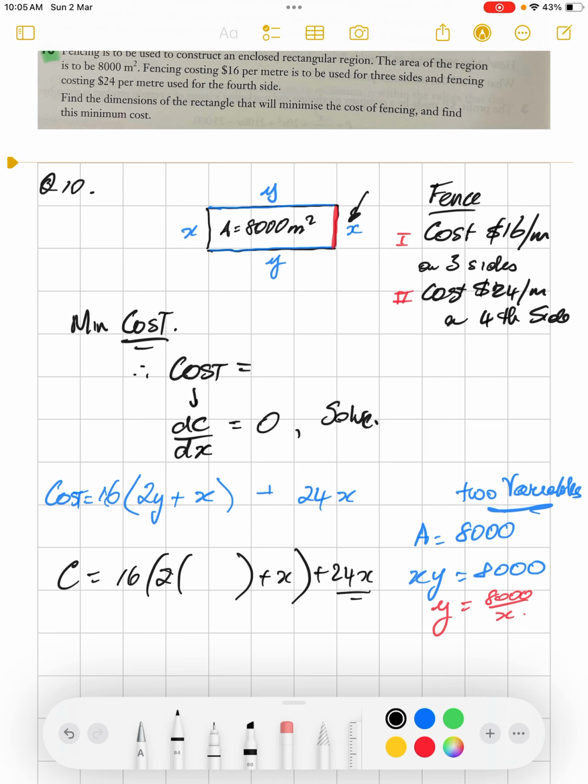We're going to replace that y with 8,000 over x.